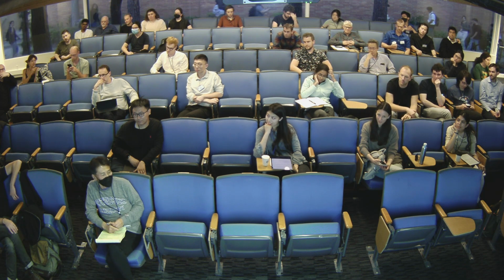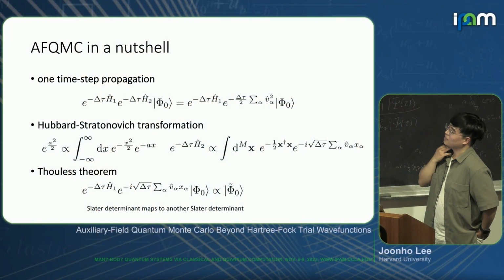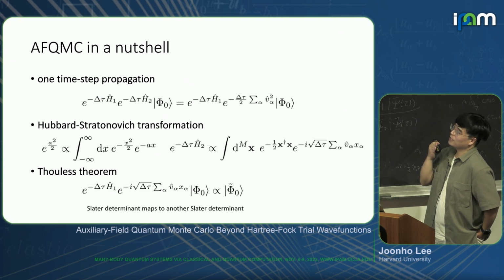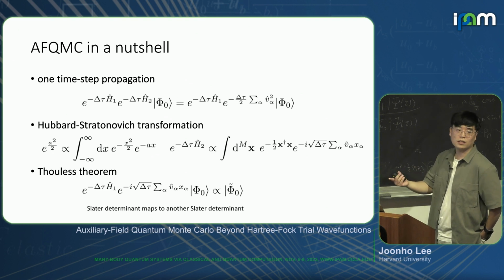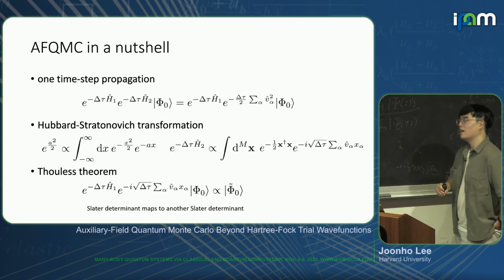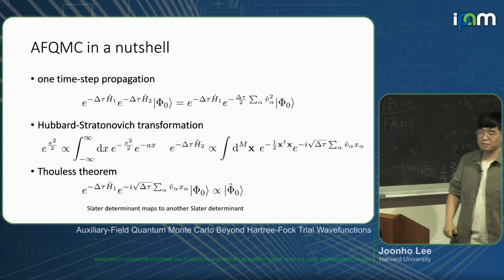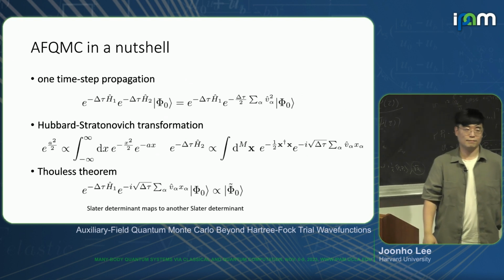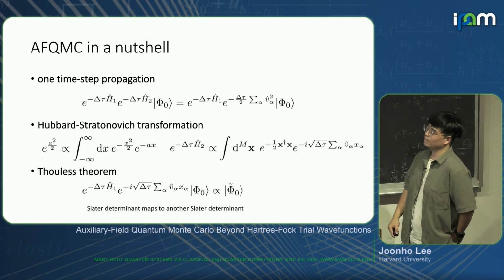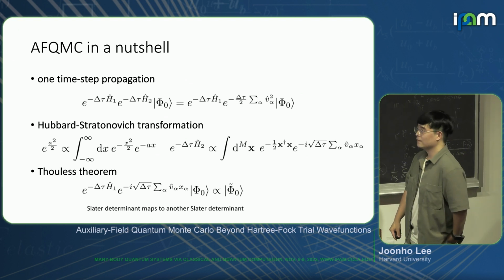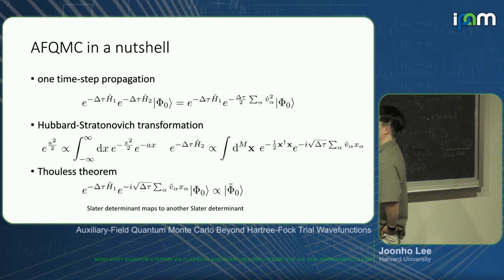Are you suggesting that I take real-time propagation estimators and analytically continue to imaginary time? That's exactly what I'm suggesting. Because sometimes you have these resolvent formulas and these contour integrals, and if I don't know what to do, I have to resort to contour integrals. It's not so nice, but sometimes it's the only thing you can do.